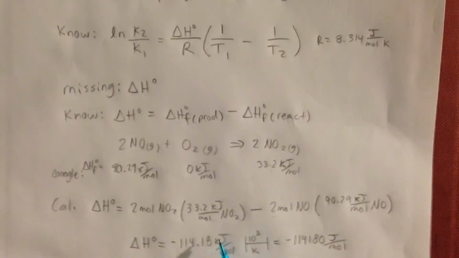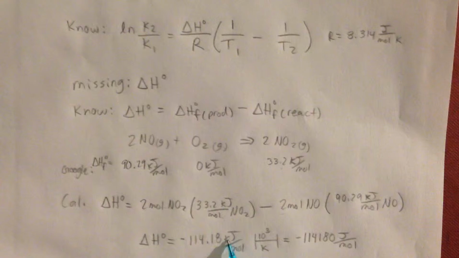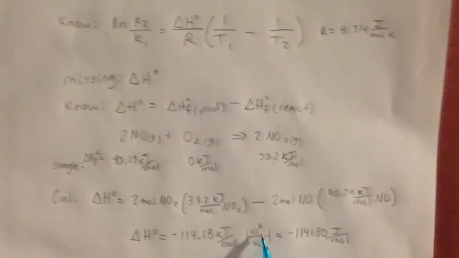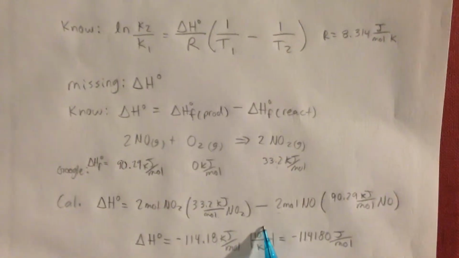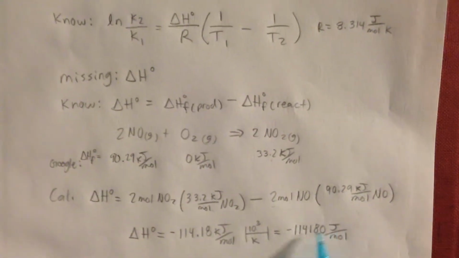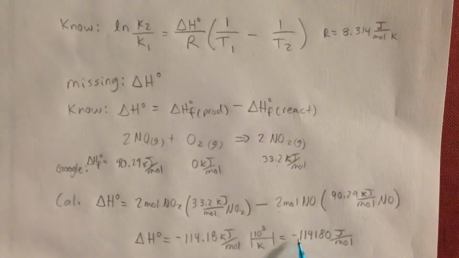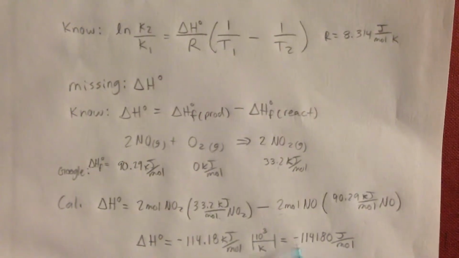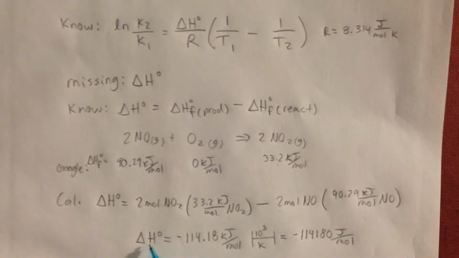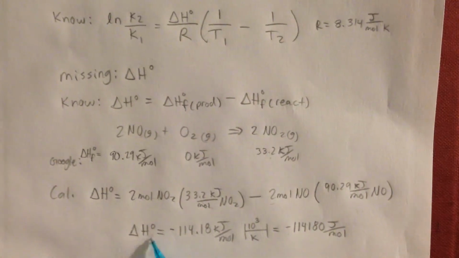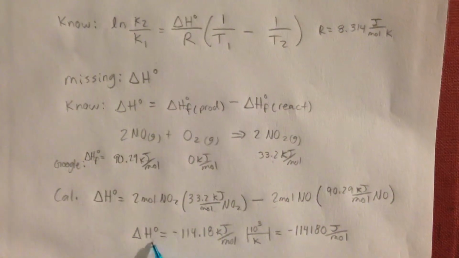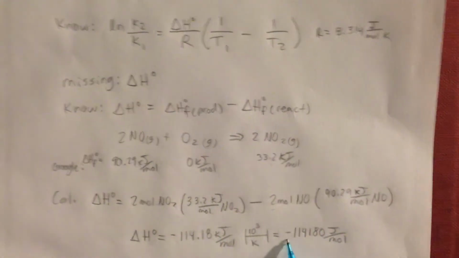We get our value, but it's expressed in kilojoules per mole, so I converted it using this conversion factor. Every kilo is 10 to the 3 units, so it comes out to this large number, and it's negative, which tells us the reaction is exothermic. The change in enthalpy, I believe, is exothermic.